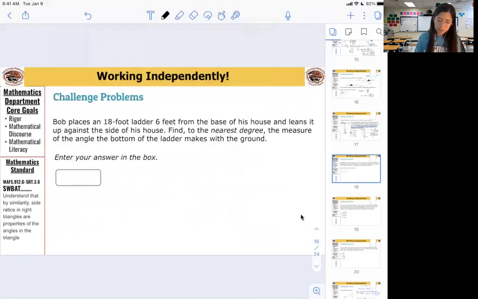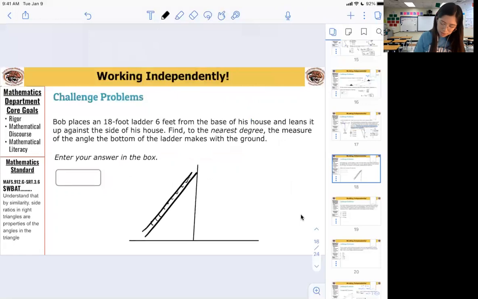Okay, this one, you had to kind of draw it out. But here's my ladder. So he places an 18-foot ladder. So this is 18, 6 feet from the house. Find to the nearest degree the angle at the bottom. So we're looking for theta. You did the same drawing, good. So here we would use cosine of theta equals 6/18.